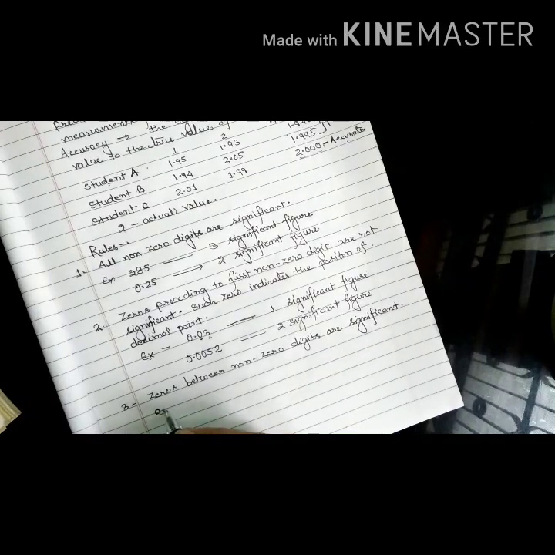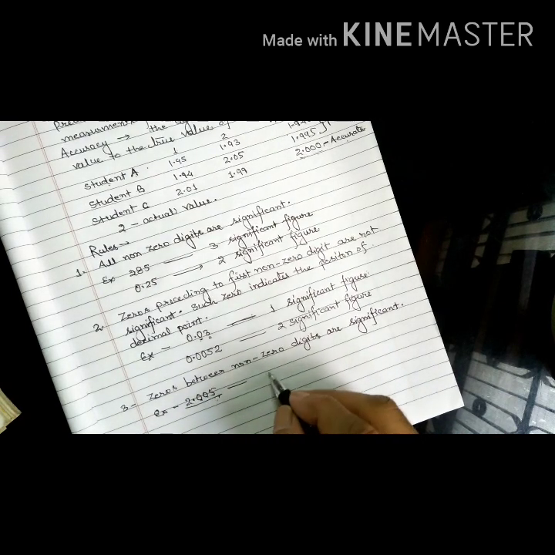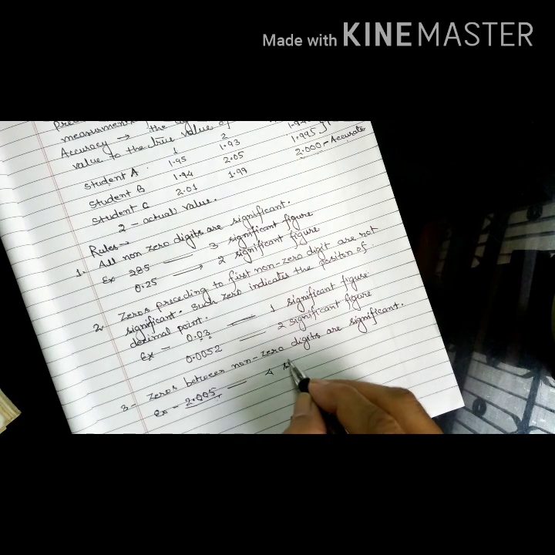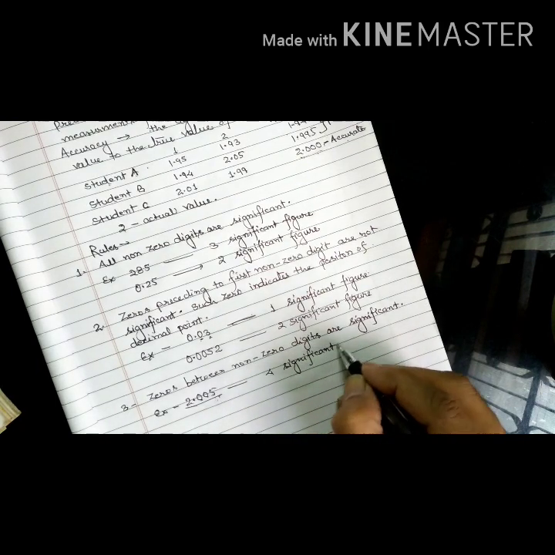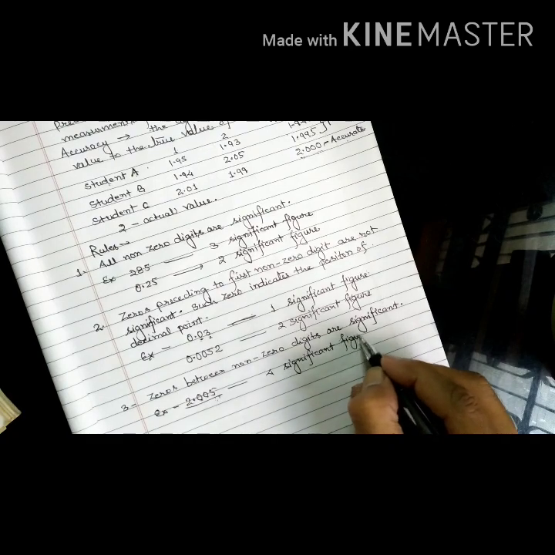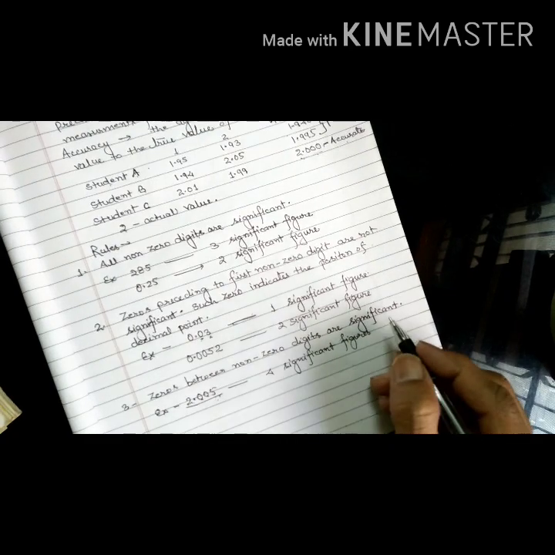Suppose we have taken an example 2.005. Remember this? So these two 0s are also significant because they are lying in between two non-zero digits. So there are 4 significant figures.